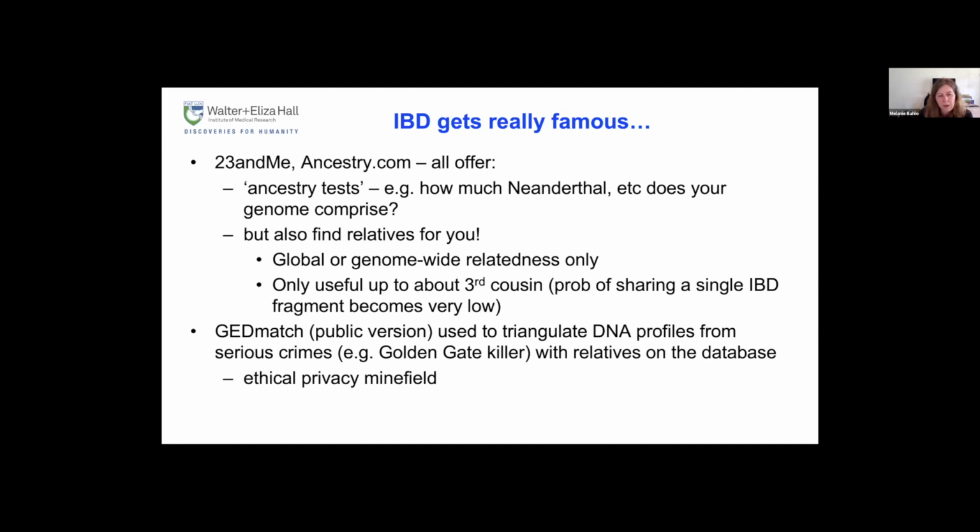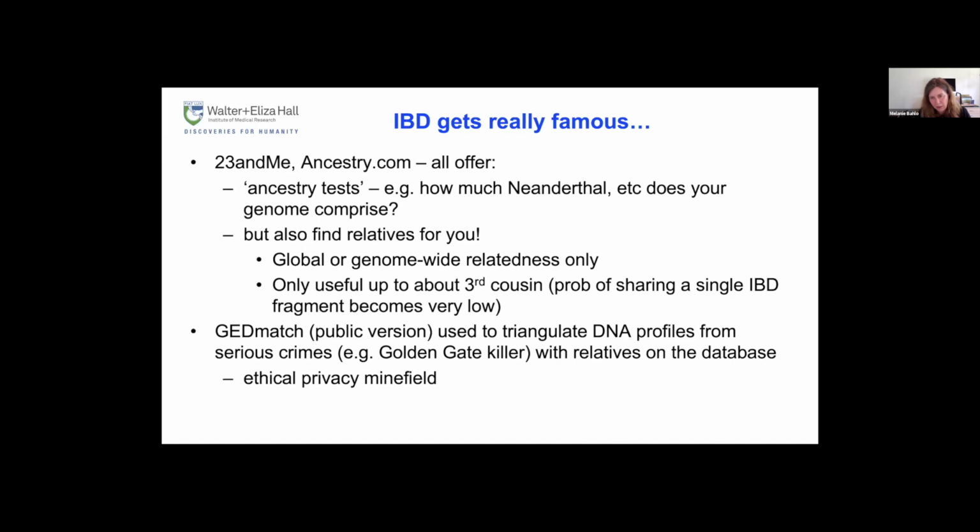So there's also public versions of this, and one of these is called Jig Match. And that's become really famous because you've probably heard about the story of this terrible mass murderer in the USA who was known as the Golden Gate Killer. In frustration with not being able to solve this case, despite having ample DNA evidence from the crime scenes, but the killer not having their profile in FBI databases or whatever, they put the profile on Jig Match and used that to triangulate.